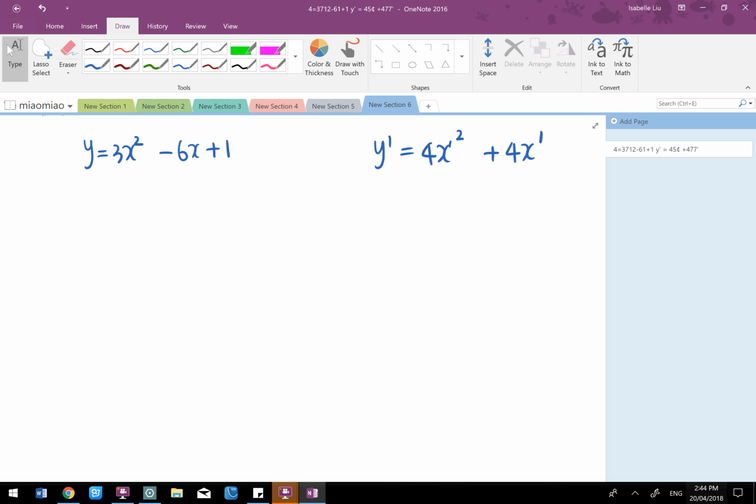So first, let's think about this. What's the difference between this question and the other question you did on this page? Yes, square. How many x do you have? Can you deal with this with 2x? We have 2x in this equation.